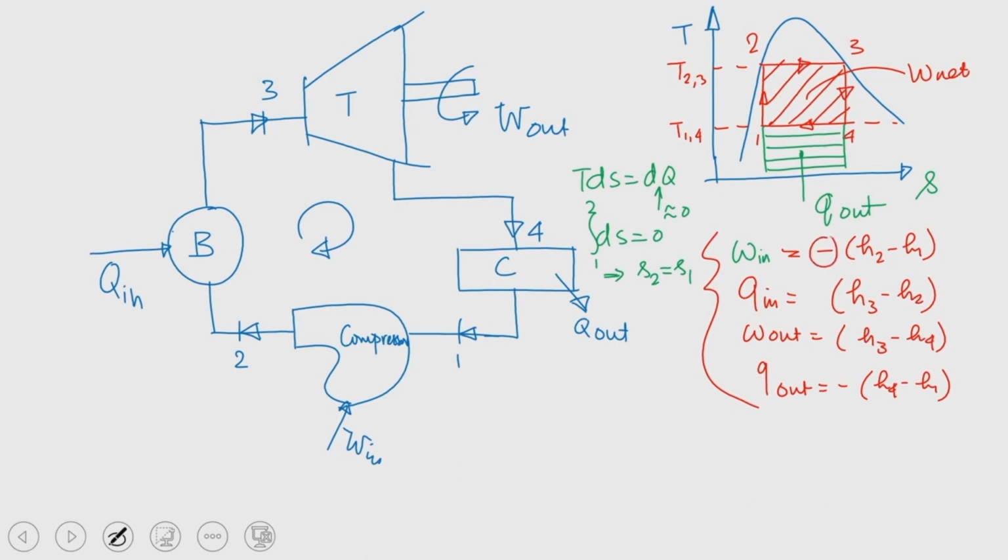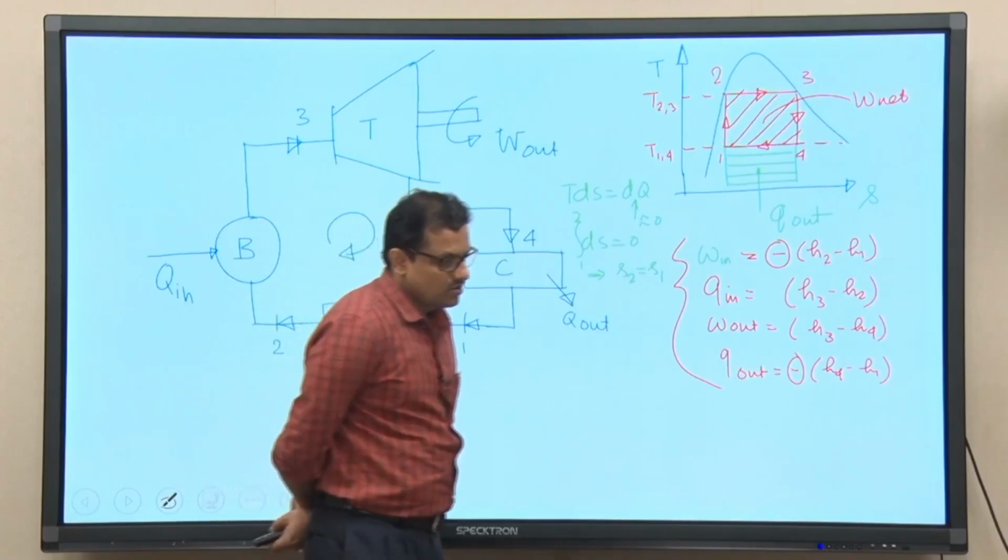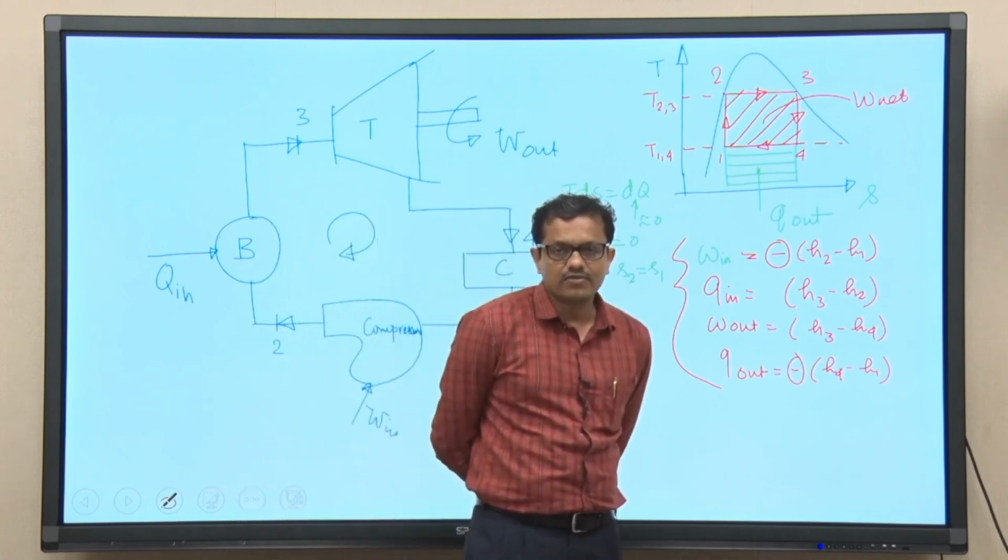Here this negative sign indicates that work is added to the system, and in this expression the negative sign indicates that heat is rejected from the system. This is the sign convention we talked about in one of the previous classes, that in thermodynamics you can follow a particular sign convention.